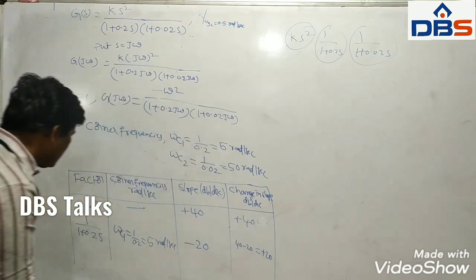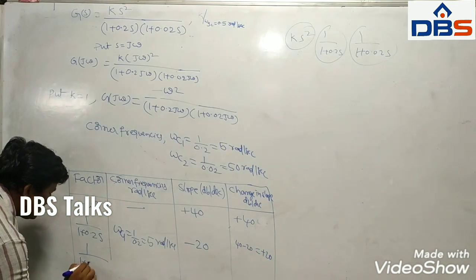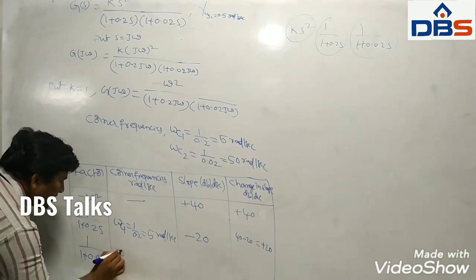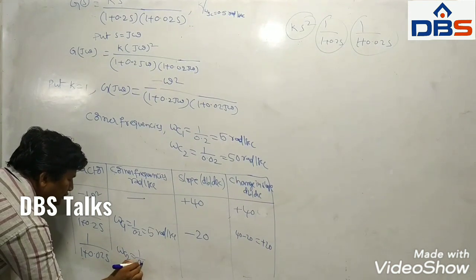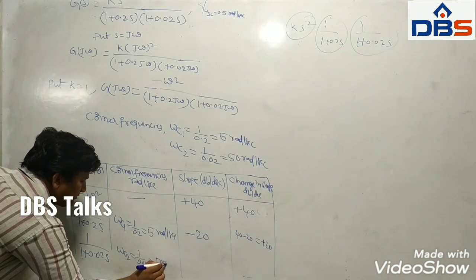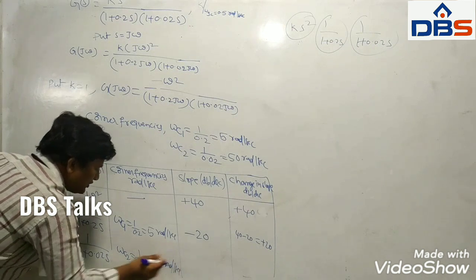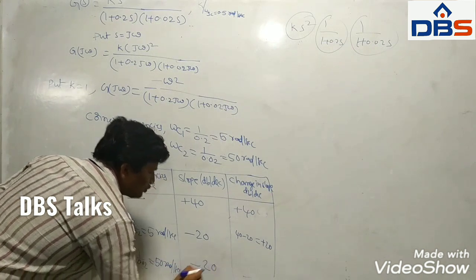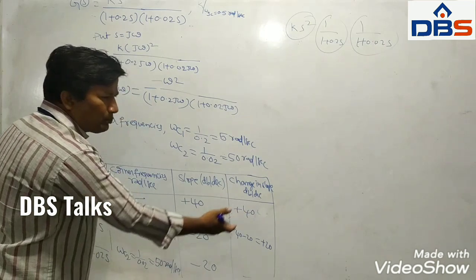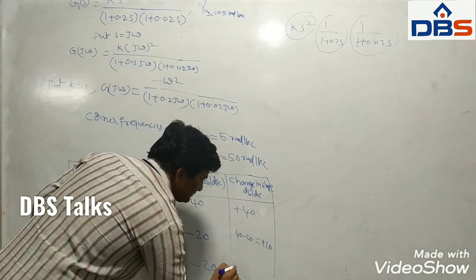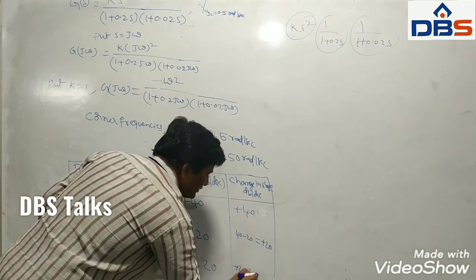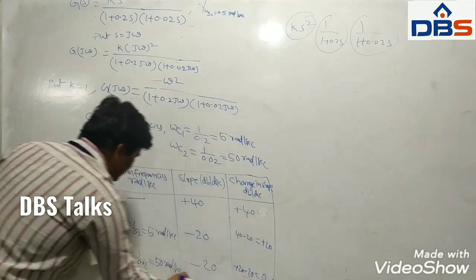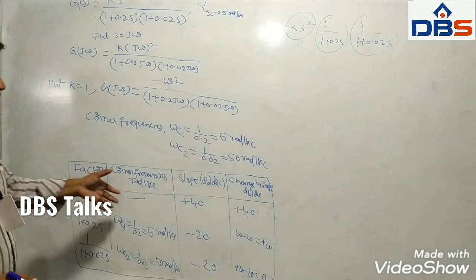The third factor, 1 plus 0.02s, has omega c2 equal to 1 by 0.02, that is 50 radians per second. This is another pole, so the slope is minus 20 dB per decade, and the change in slope is plus 20 minus 20, that is 0 dB per decade. So this is the table for the different factors.